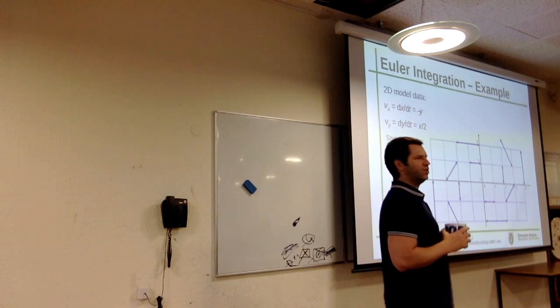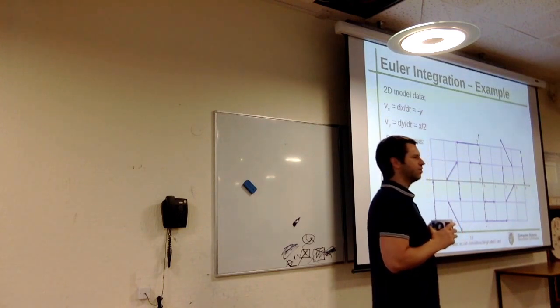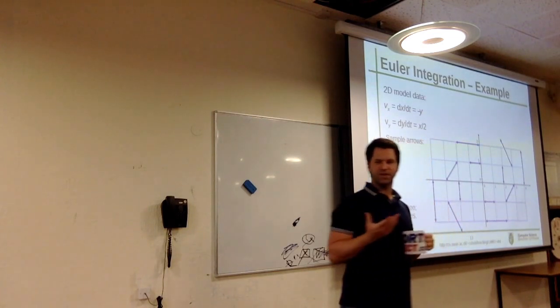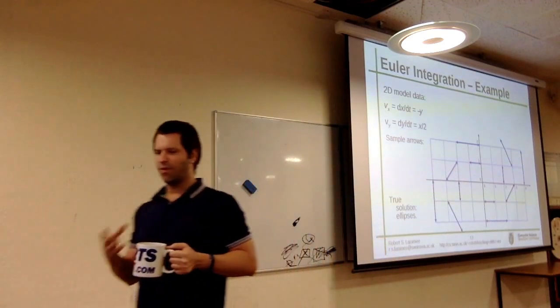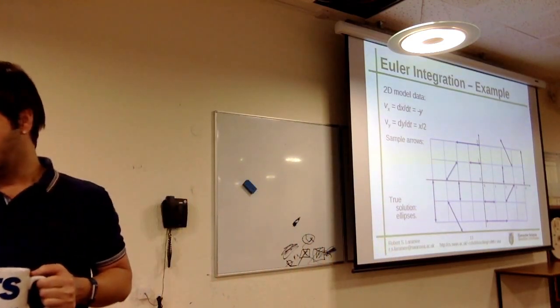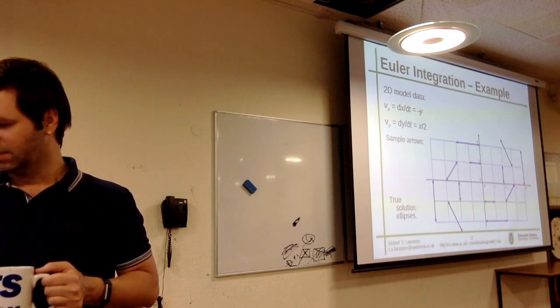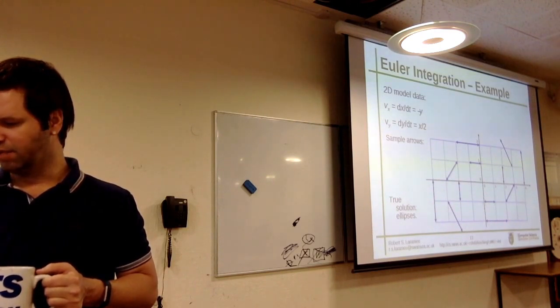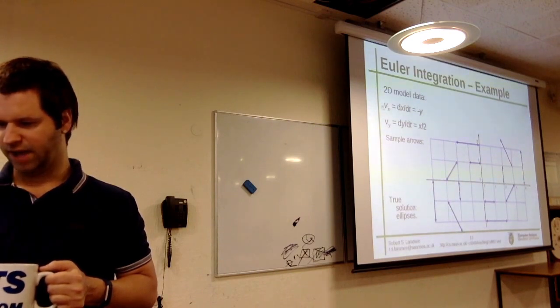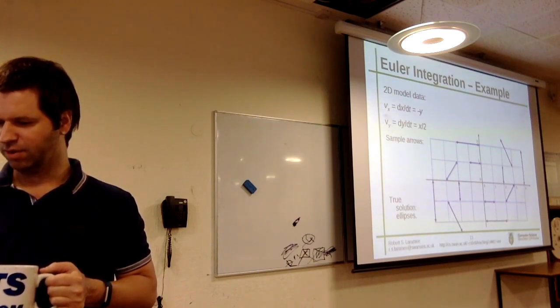That's a little bit confusing, isn't it? But that's how we get the velocity. That's the formula for the velocity at any point in the vector field. We plug in the position, and then we get the x component and the y component of the velocity back.